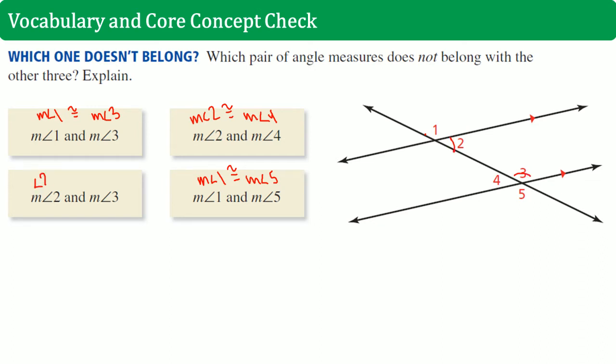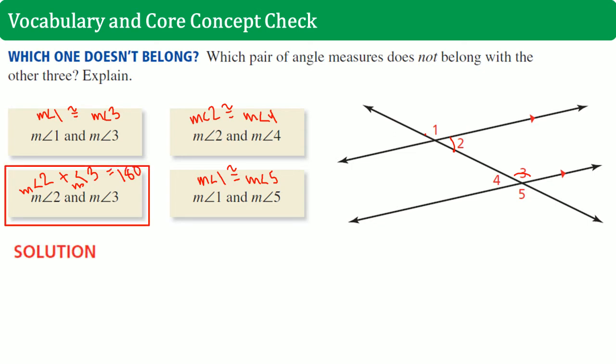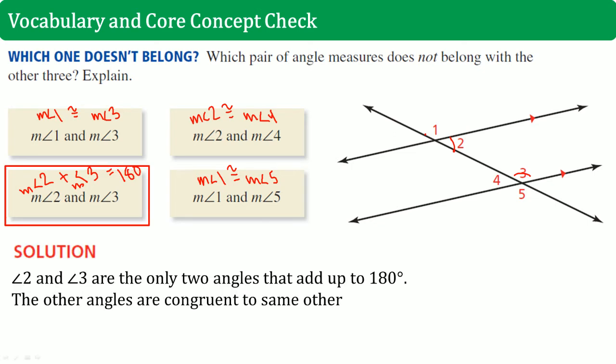So angle 2 plus angle 3 is equal to 180 degrees. So the one that does not belong is angle 2 and angle 3, because they are the only two angles that add up to 180 degrees. We call this supplementary angles. The other angles are congruent to each other.